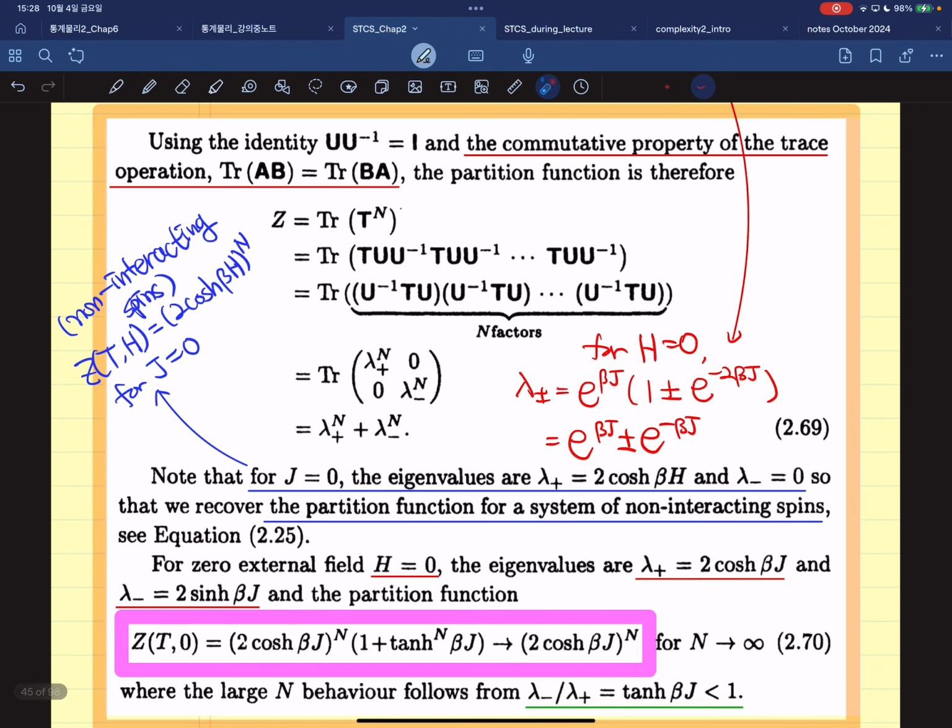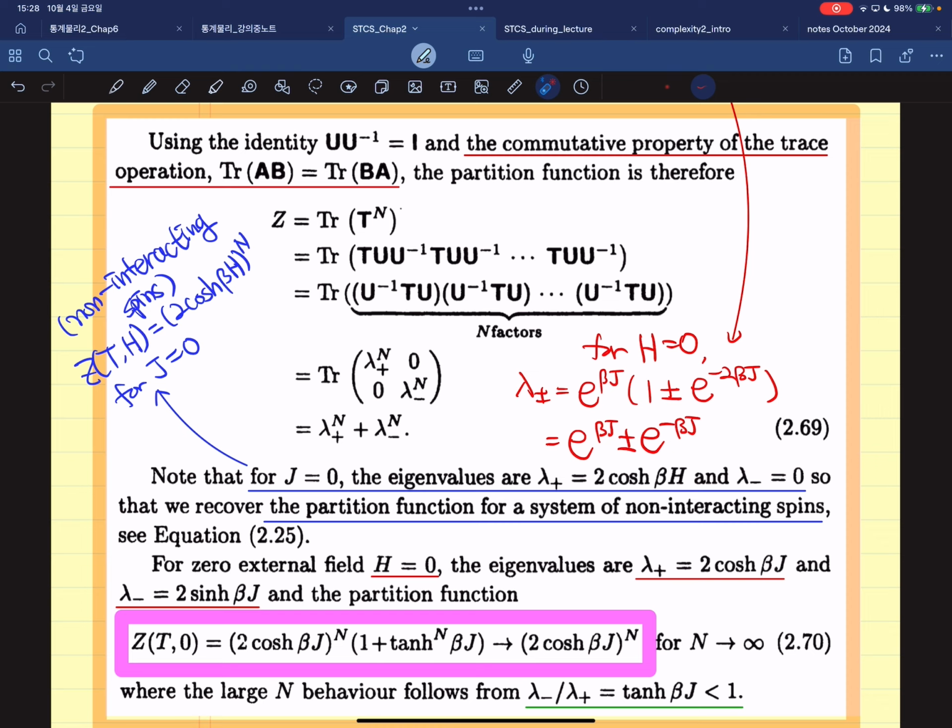The trace of T to the power of n would be the same as this one because, as I mentioned, these are just the identity matrix. So we can put this U and U inverse between all the T products.